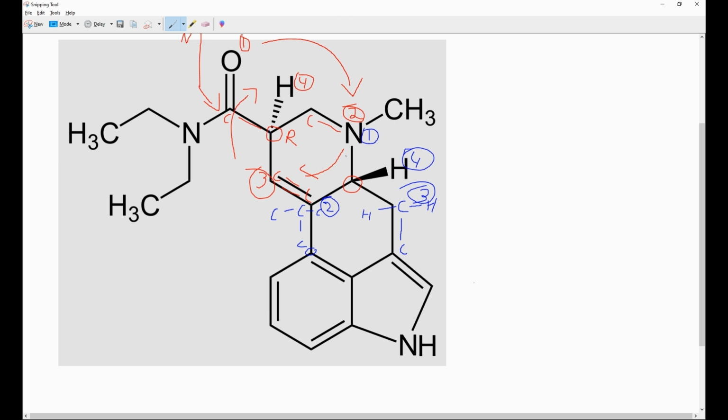So this nitrogen would move here. This would ordinarily be an S configuration. However, this hydrogen is facing outwards, so it is actually an R configuration. So those are the 2 stereocenters of the LSD and its stereochemical configurations.